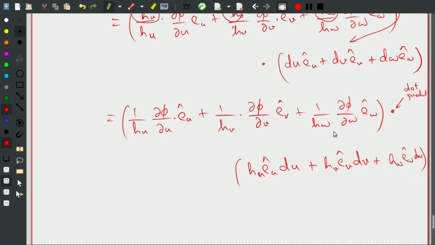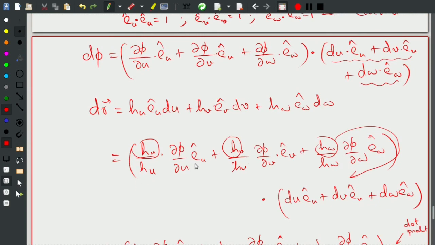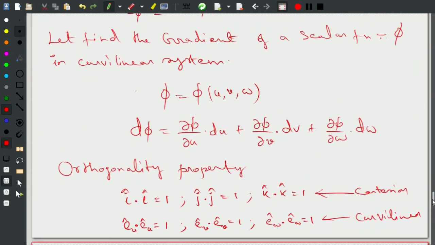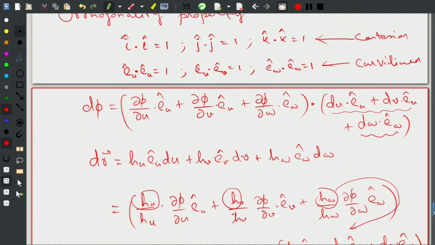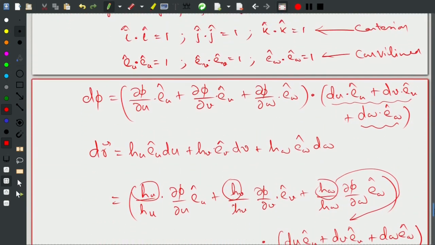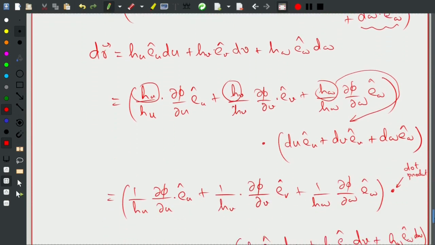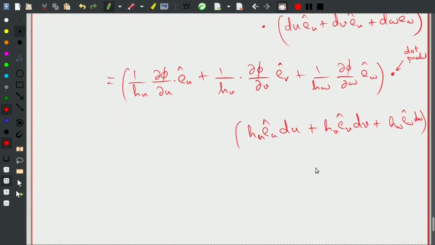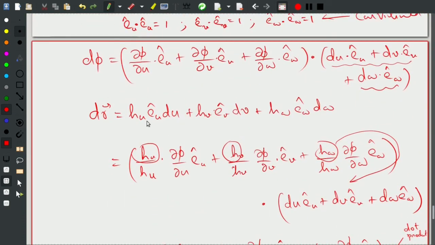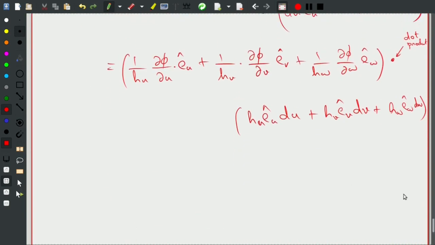If we multiply this, we have this equation, which is similar to this one. What we did is use the orthogonality property to rewrite this dφ as something like a gradient dotted with dr. This part is nothing but our dr.